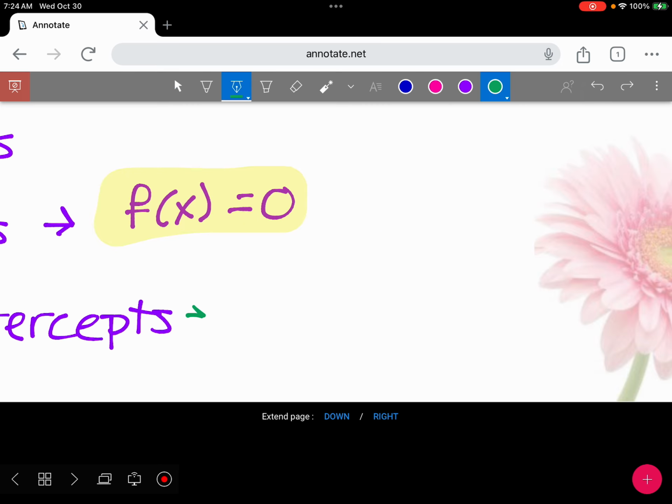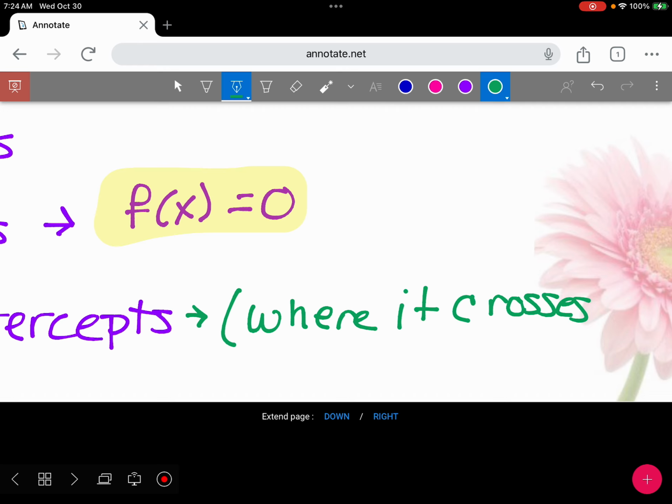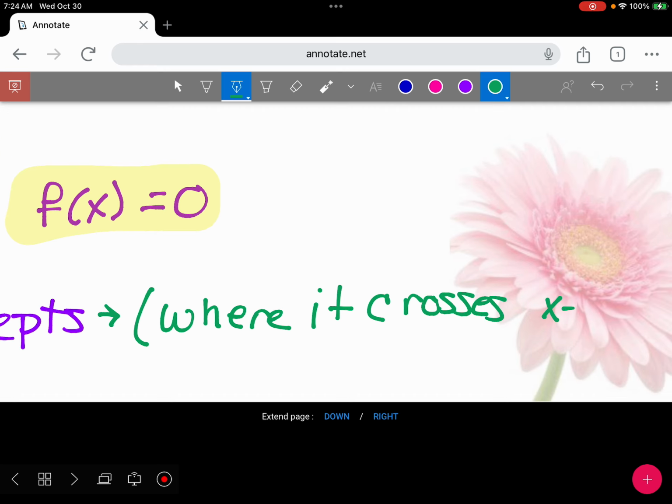So when we're solving with graphs, we're looking for where it crosses the x-axis, also known as when y equals 0, which is also when f of x equals 0. So those four words we use interchangeably. Our solutions, our roots, our zeros, our x-intercepts.